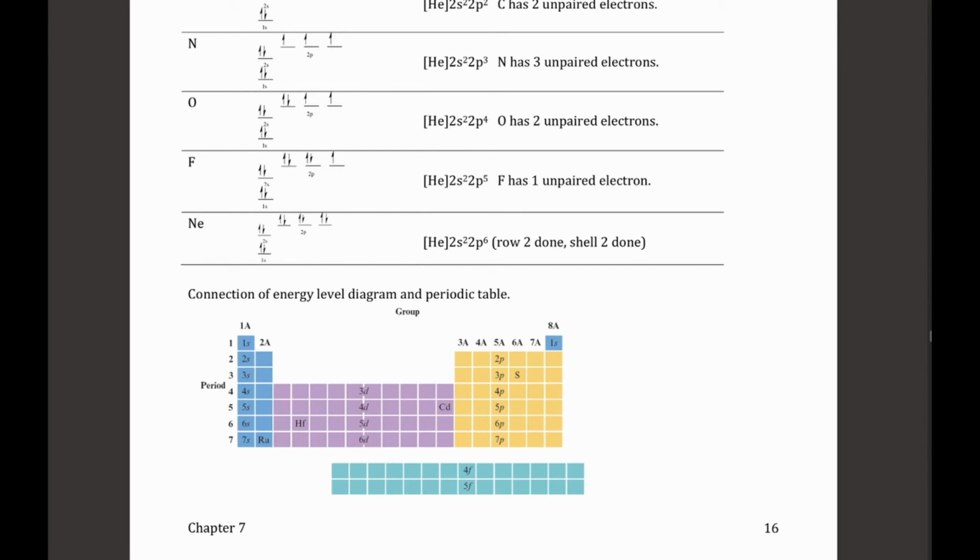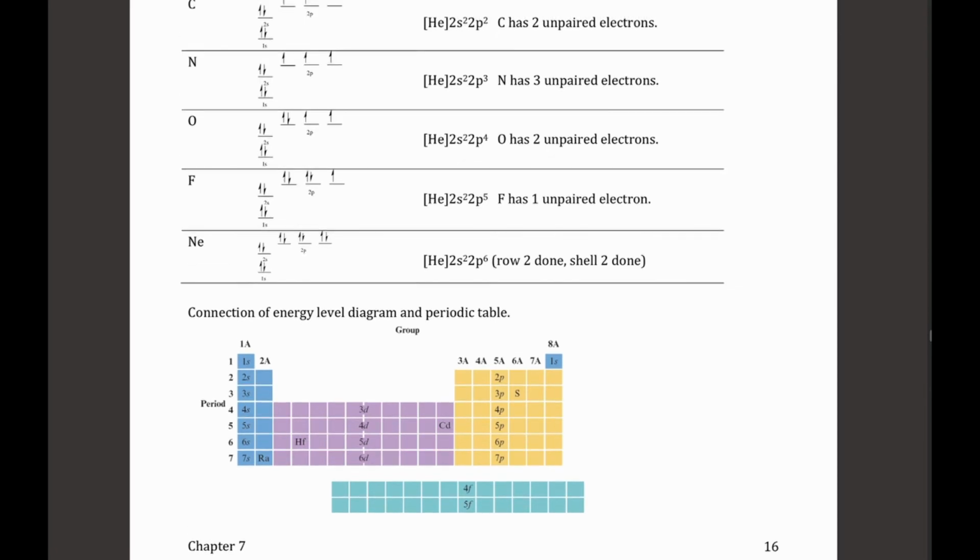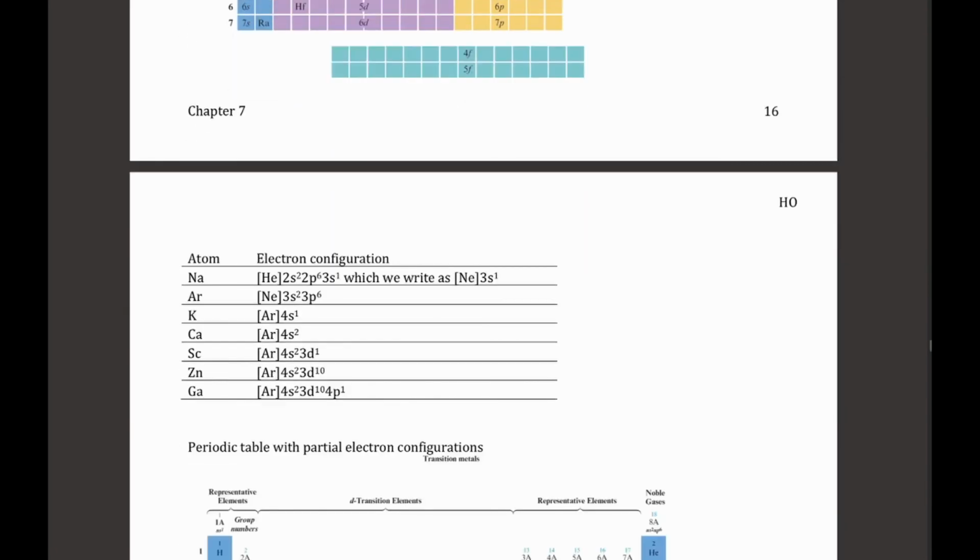The 5A, 3. That would be nitrogen, for example. The 6A, 4. The 7A, 5. That would be like fluorine. And then the 8A, the p atomic orbitals are full. So, correspondence between the energy level diagram and the periodic table, and how we can then just read the periodic table to get the electron configuration.